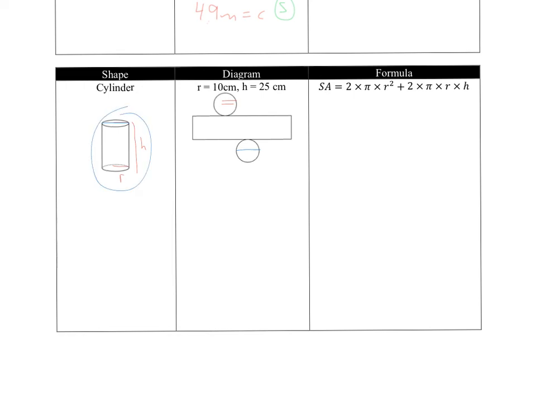Notice that we have two circles. If I can highlight that, 2 circles, which is where we get the 2 pi r squared, and 1 rectangle, which is the second part of the formula. Okay, so let's put all our dimensions in.